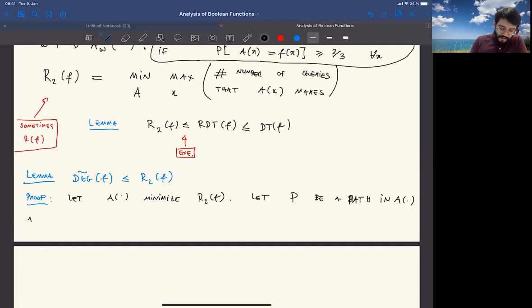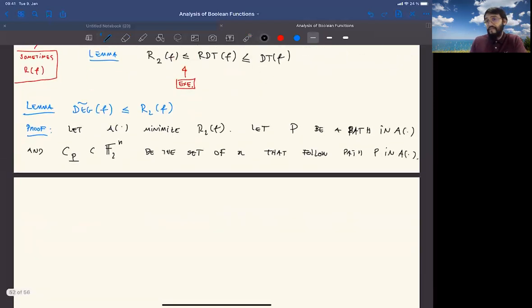And let CP be the set of inputs, let me work with F2 in this case, that follow path P in A. Therefore, they will have the same value, because even if they follow the same path, A will give you the same value.